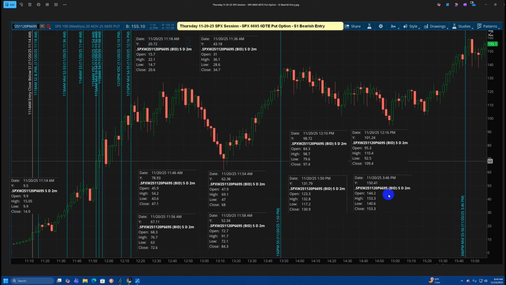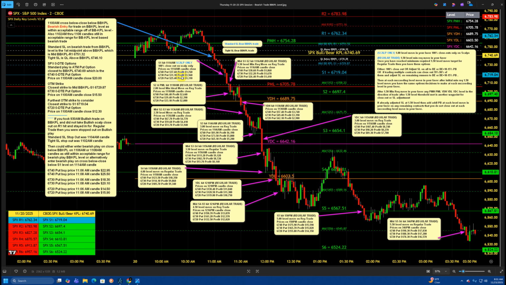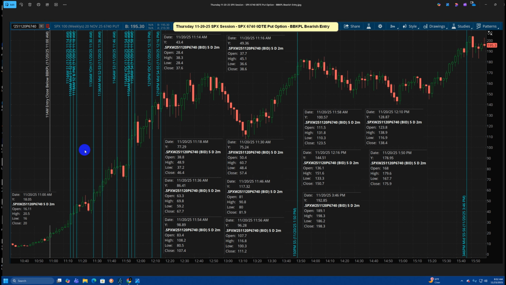Next, we'll take a look at the standard BBKPL bearish play. Remember, on the BBKPL level bearish play, that started at 11 a.m. So just a reminder of the different levels hit here. Alright, we have the 11 a.m. entry candle on the 67.40.